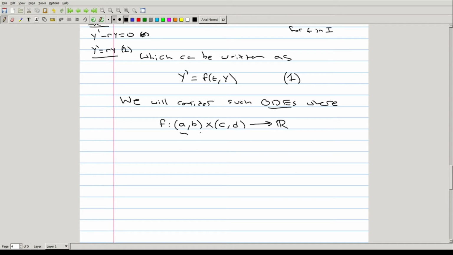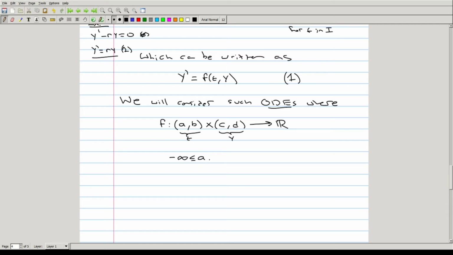So this is the set our t can range in, and this is the set that y can range in, where a, b, c, and d are all allowed to be possibly infinite values.